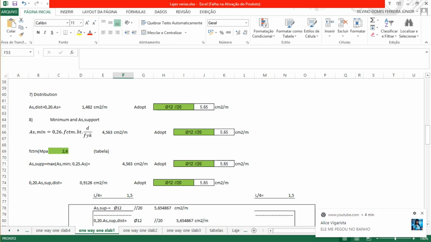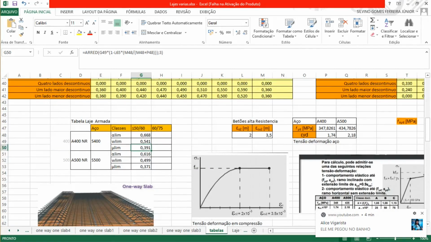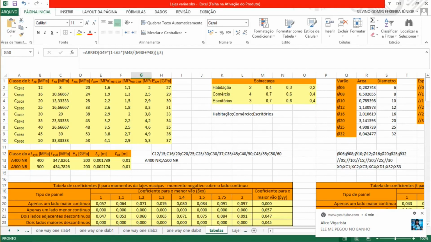So the FCTM it's on tables. You get this on Eurocode, and this is FCTM for this kind of concrete. We go here, table, FCTM C25/30, FCTM give you 2.6.